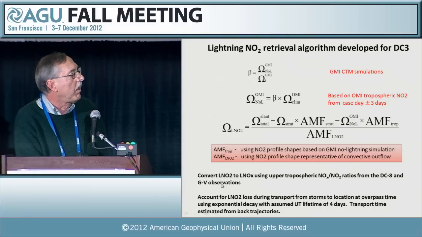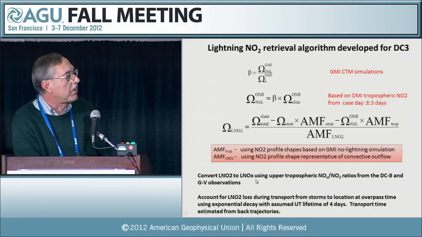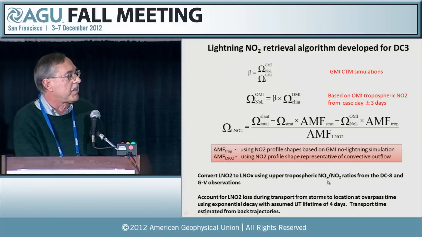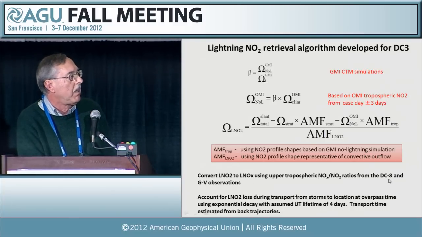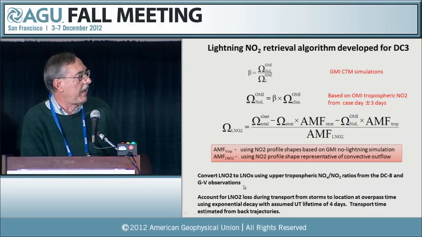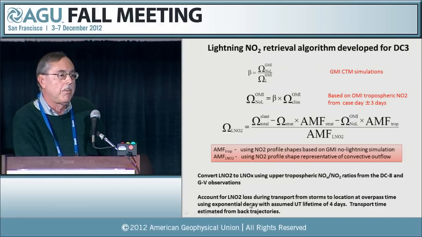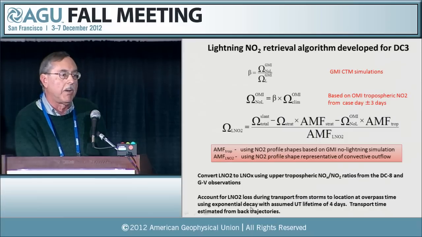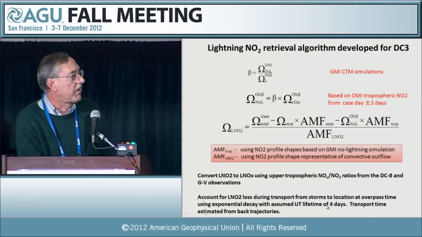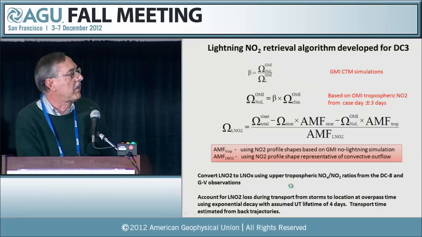And then we also want to convert the lightning NO2 to lightning NOx. And here we use the upper tropospheric NOx to NO2 ratios from the DC-8 and the G5 observations by aircraft. And then also there's some NO2 loss, of course, during transport, and we have to take this into account, and we're using an assumed lifetime of 4 days along back trajectories.